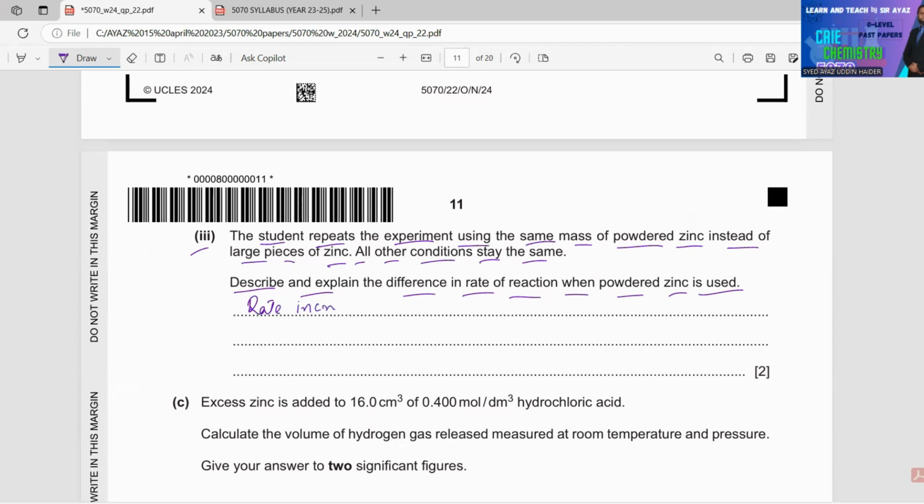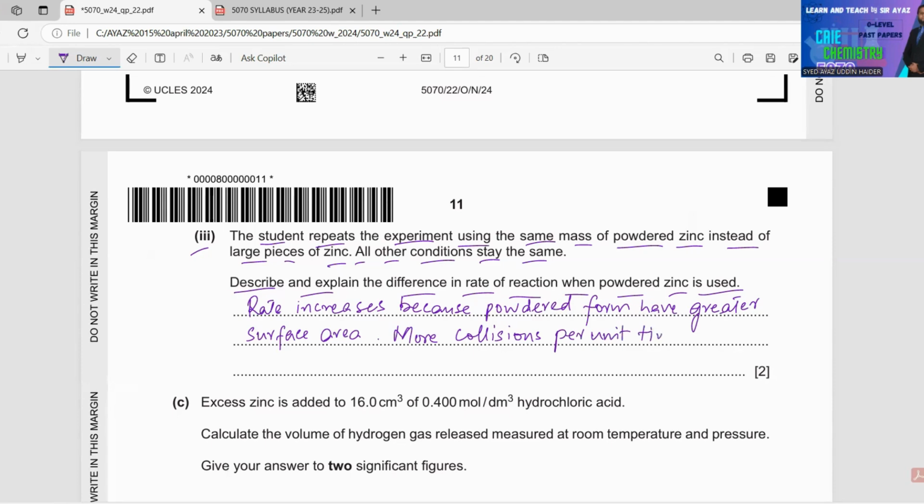Rate increases because powdered form has greater surface area, which means you have more collisions per unit time.